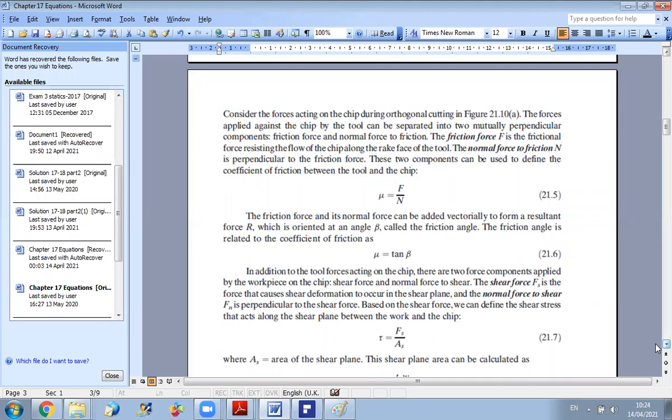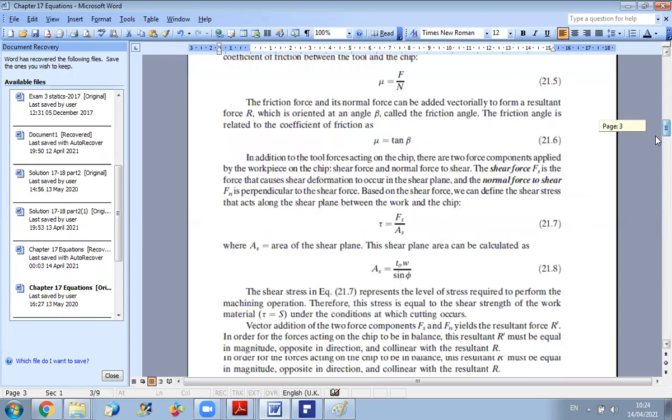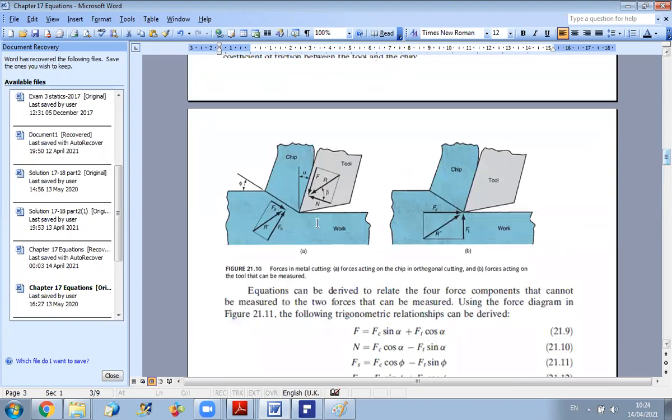And here you can see that the friction will play a role. As you can see here in the figure, the friction between the tool and the chip is required to perform the operation. Okay, so between the chip and the tool, we have action and reaction.